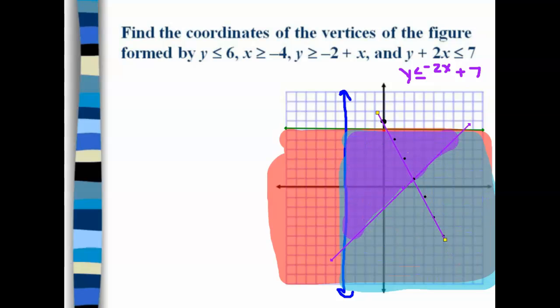So that means we would shade below the line, which means my solutions come within this shape here.